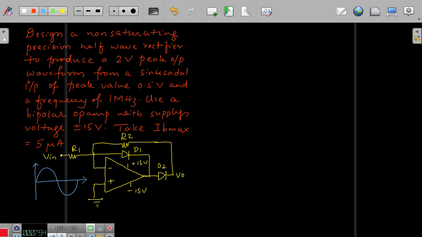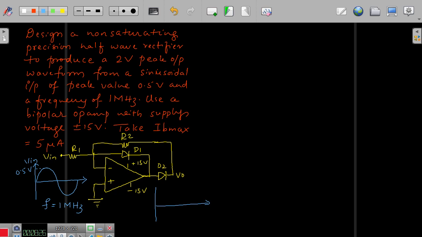This is my Vin, and its peak value is how much? Input voltage 0.5 volts, and the input frequency is 1 megahertz. You know what the frequency here would be used for?